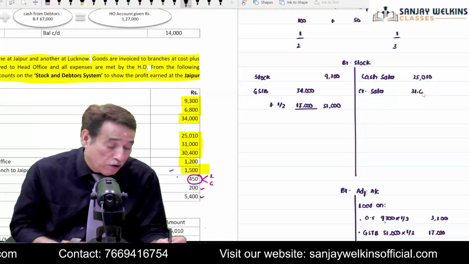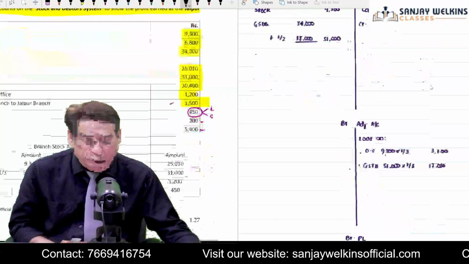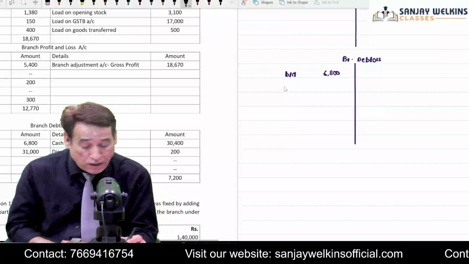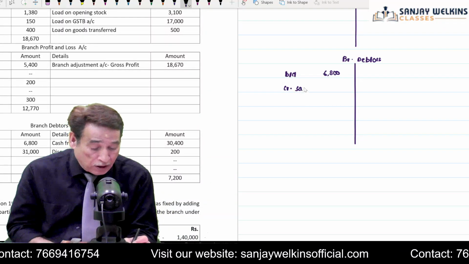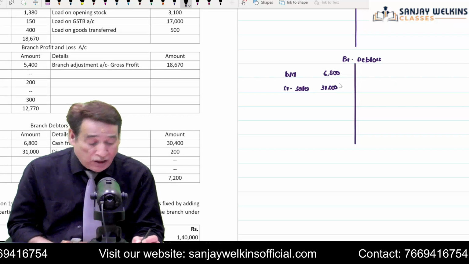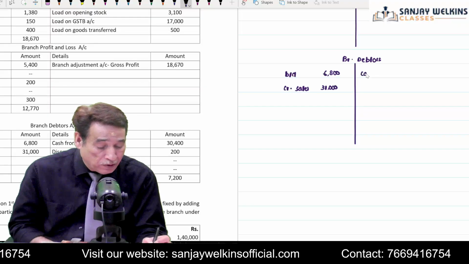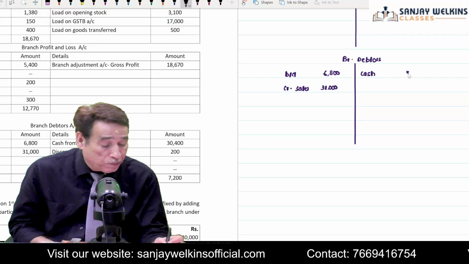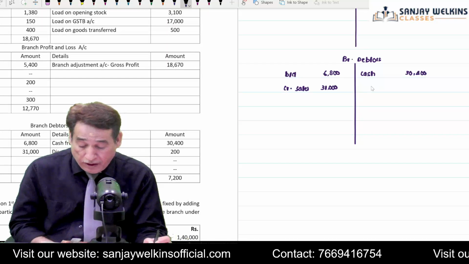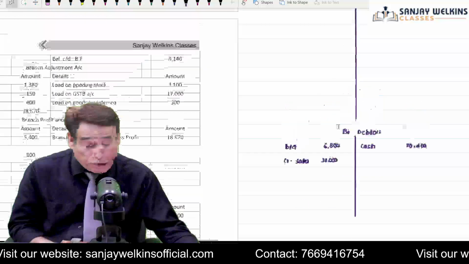We must not forget that credit sales appear in debtors account also. And we are preparing debtors account. Credit sales 31,000. You will write credit sales over here, that is equal to 31,000. And then cash collected from debtors, as you know, is put on the credit side of debtors in this particular method, 30,400. Then we are being given goods returned by branch to head office.